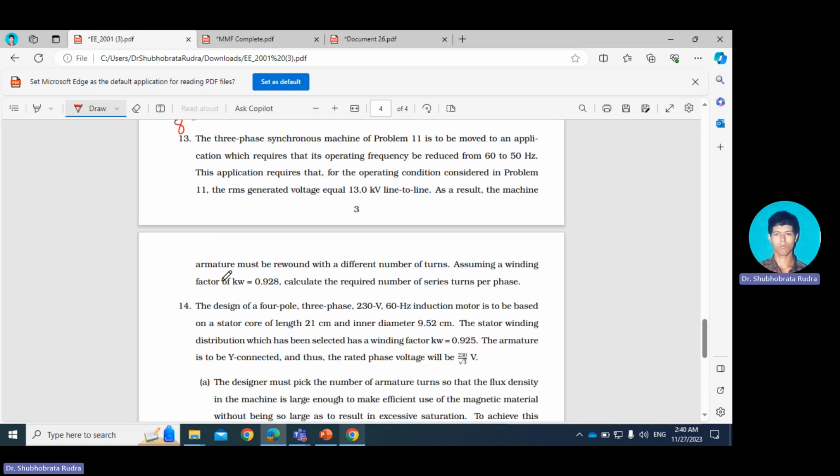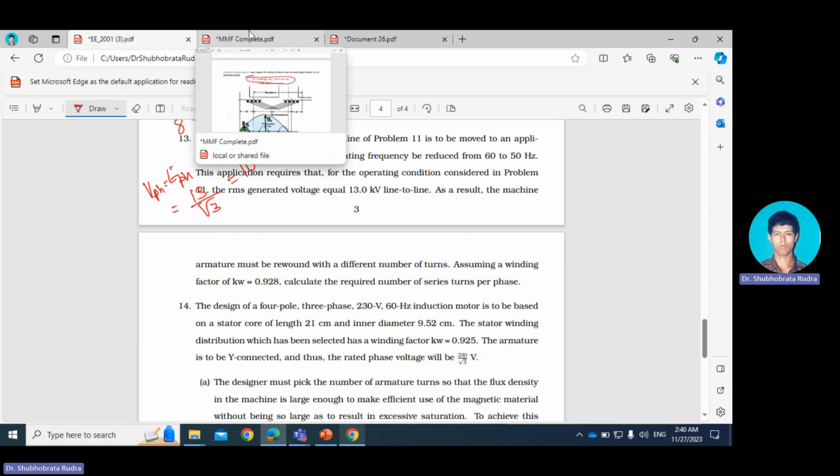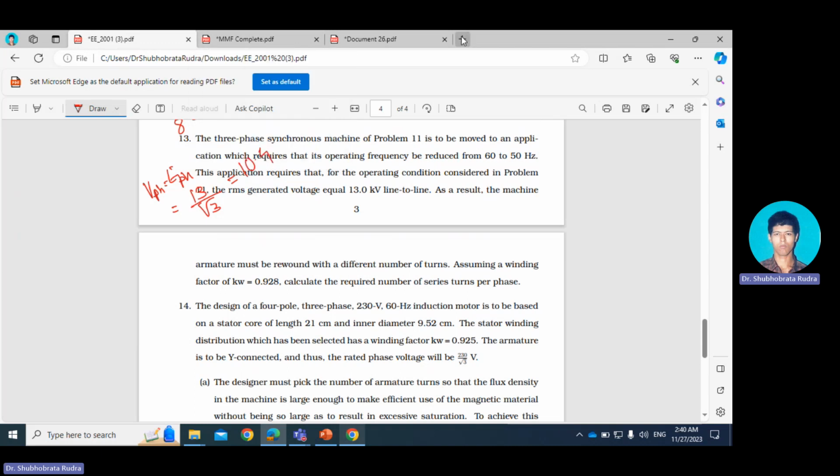When you reduce the frequency, of course, there will be a change in voltage. Here, line voltage is given. So first you find out the phase voltage, or in our word, E phase, that will be 13 by root 3. So how much is 13 by root 3? 10.4, I suppose, or something will come. We can check it here.